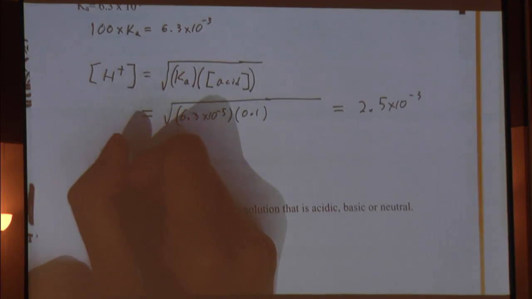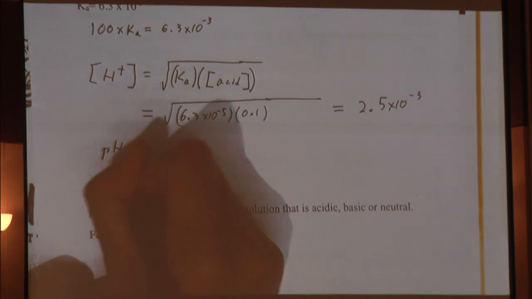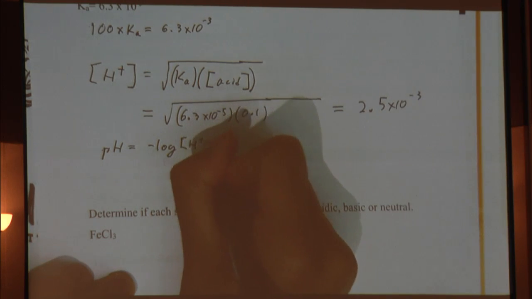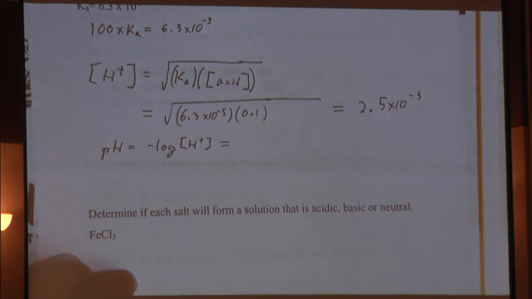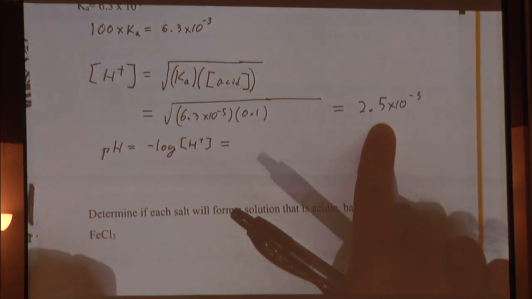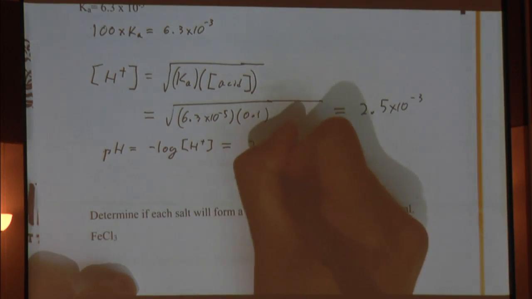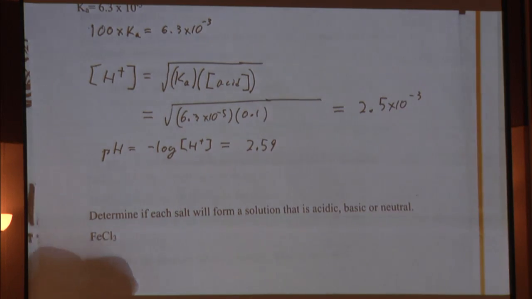Then we need to figure out our pH, which is just the negative log of our concentration. So if we take this concentration and take the negative log of it, we get a pH of 2.59.